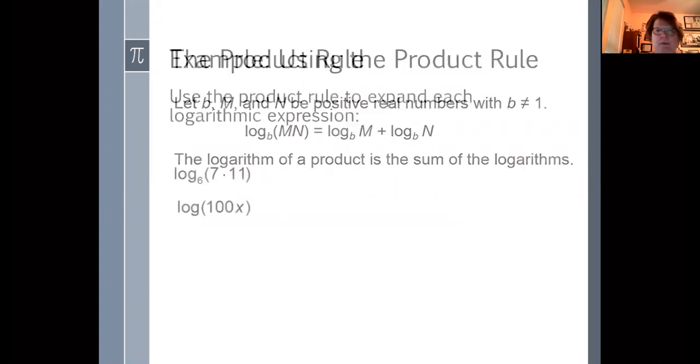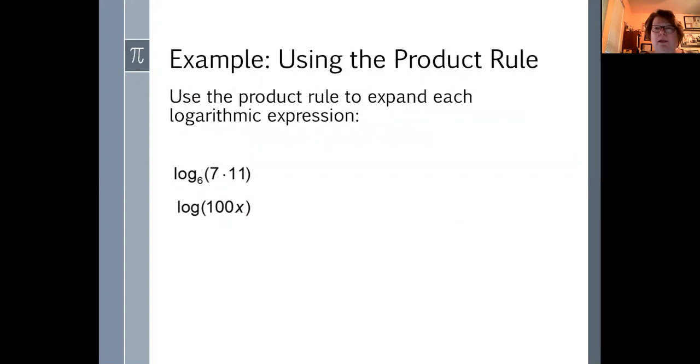Let's look at some examples. So let's use the product rule to expand these two logarithmic expressions. The first expression we have is log base 6 of 7 times 11. Using the product rule, we can write the logarithm of this product as the sum of the two logarithms.